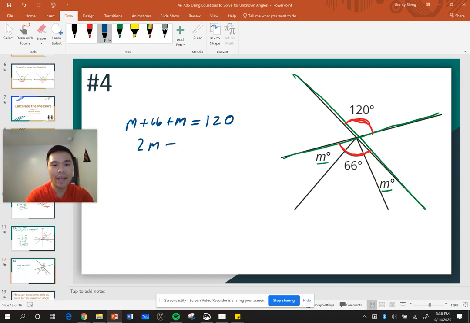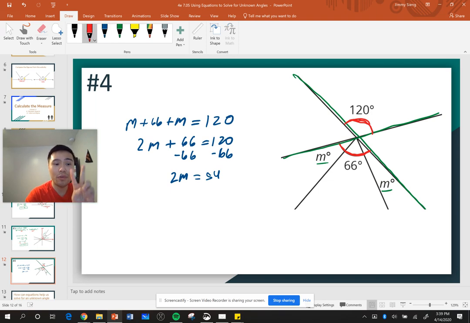You can solve that now. 2M plus 66 equals 120. All right. I got to subtract away the number first, right? So 120 minus 66, that should give you what, 54? Okay. So now 2M, two of those M's, is equal to 54.